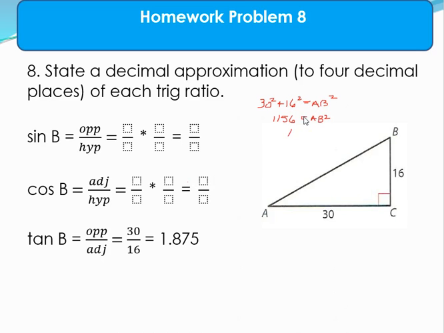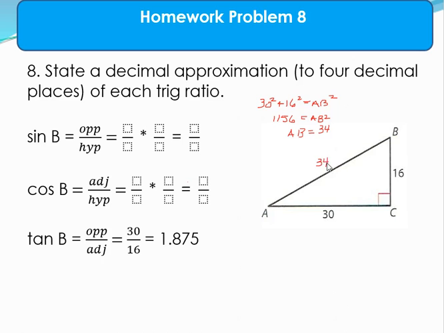And we'll take the square root of both sides. AB will equal 34. So now we will have our side length of 34.